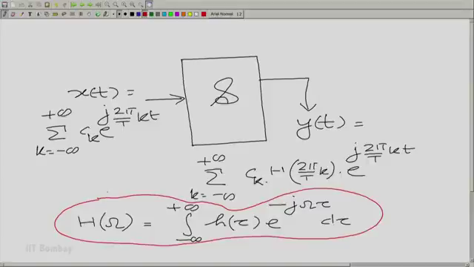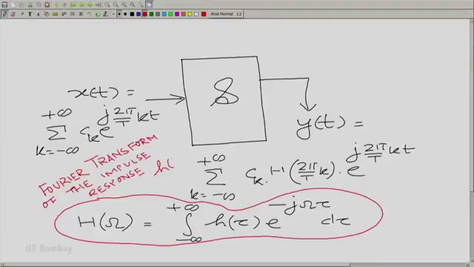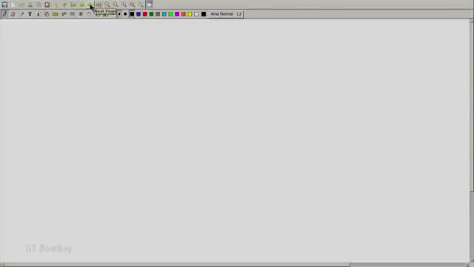We give it a name. We call it the Fourier transform, as opposed to Fourier series, by the way. We call it the Fourier transform of the impulse response, h(t). And we will understand this Fourier transform a little better. What exactly is it?